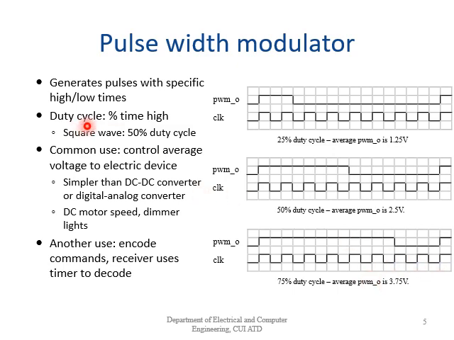So duty cycle is the percentage of time high. A square wave has a 50% duty cycle by default. 50% of the time it is on and 50% of the time it's off. Now, the common use of a pulse width modulator is to control the average voltage to electric devices. So we can increase the average voltage and we can decrease the average voltage by using a pulse width modulator, which we can also do with a DC to DC converter.